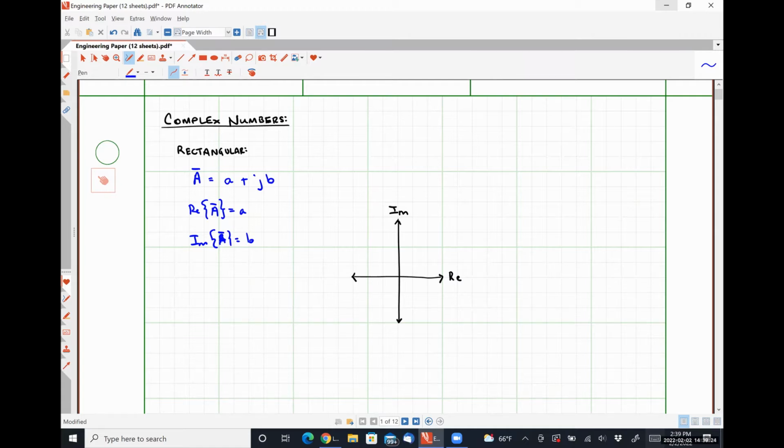J is the imaginary operator, which is equal to the square root of -1.